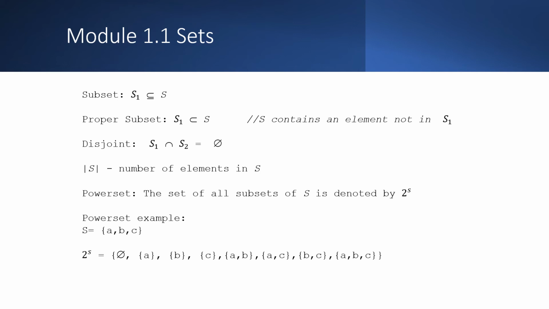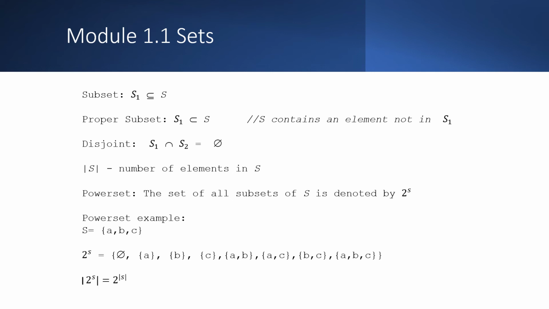If you removed these extra curly braces around A, B, then you would have a set, right? But these are all sets: the set of A, the set that contains B, the set that contains C, the set that contains A and B, etc.